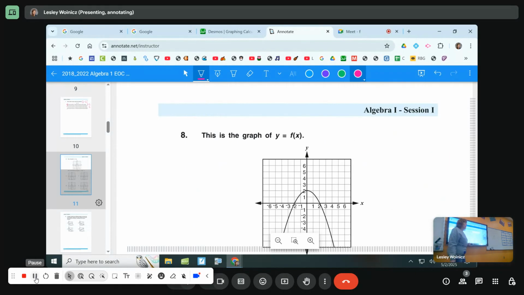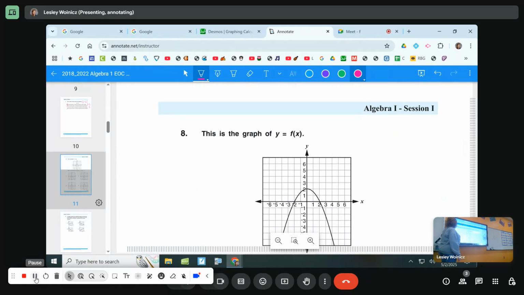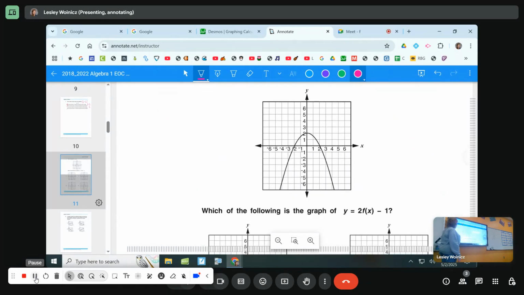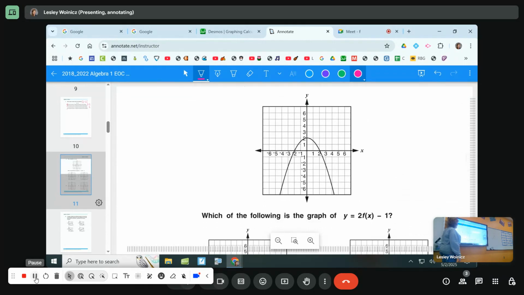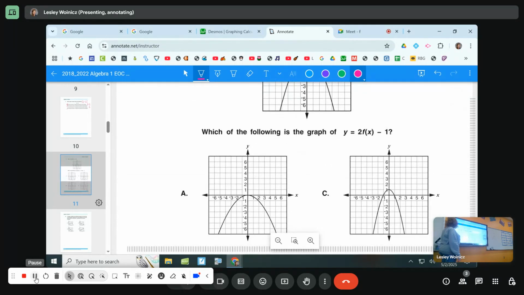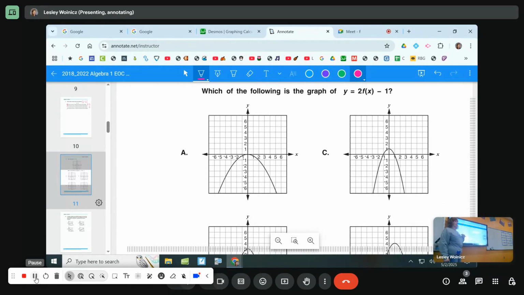All right, what do you guys think this one is? Okay, focus. It's C. How many of you think it's C? That one's almost like a trick one. It would have been C if we were not multiplying by 2.